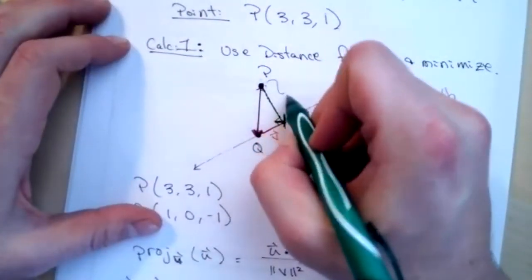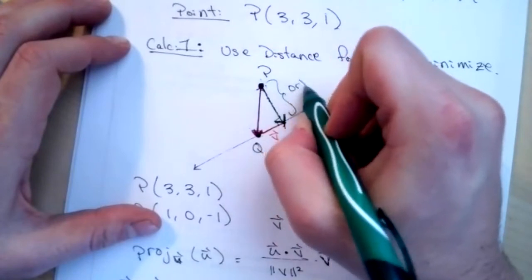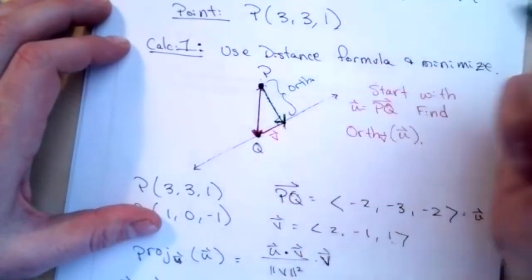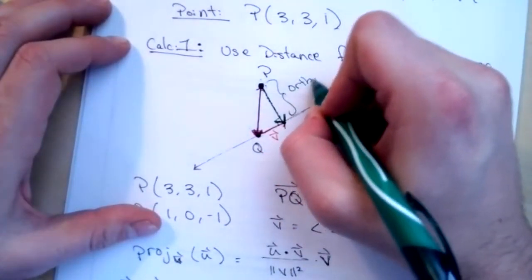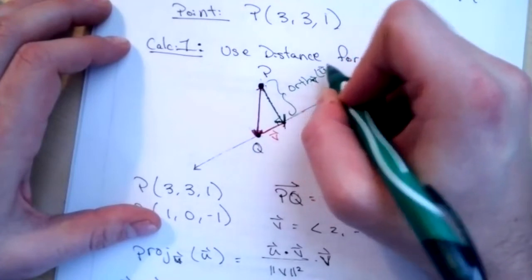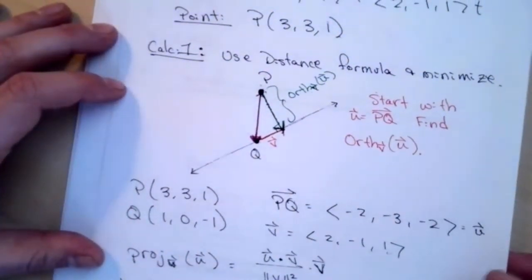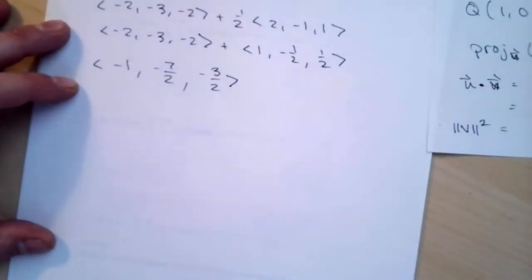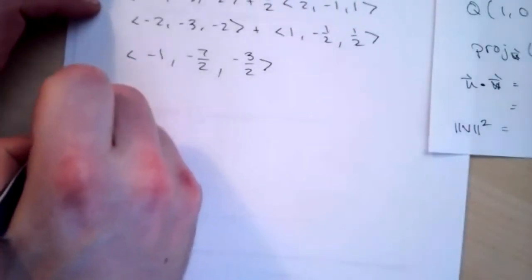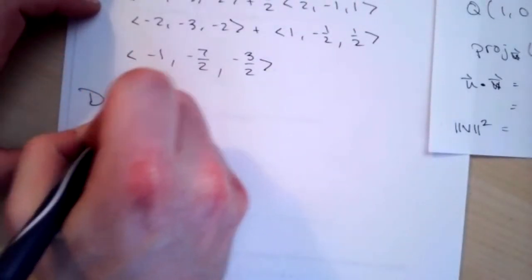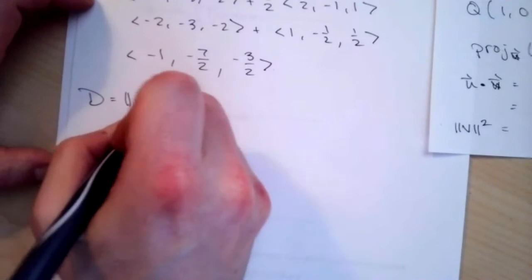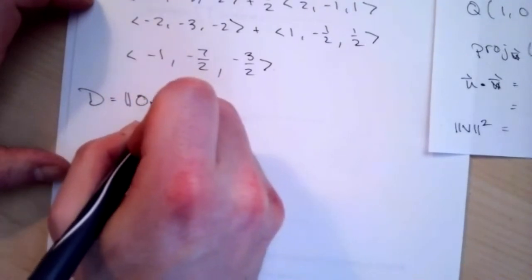And so this is our orthogonal component of U onto V. So the length of that is going to give us our distance. So our distance equals the magnitude of the orthogonal component.